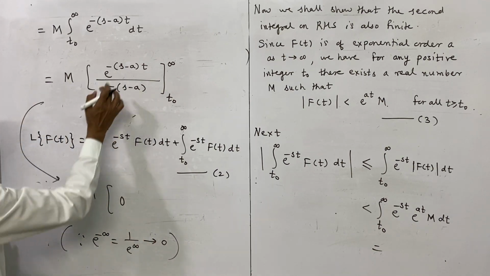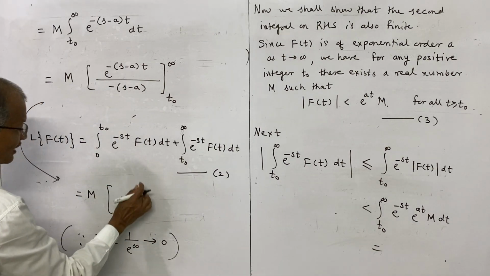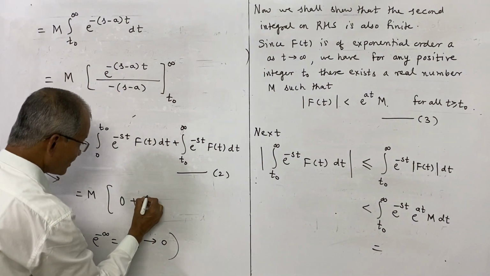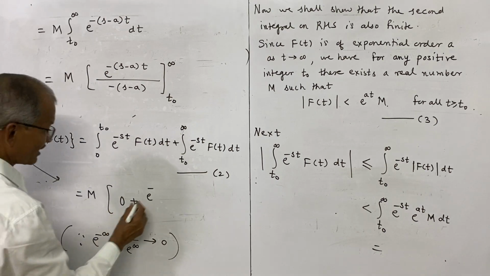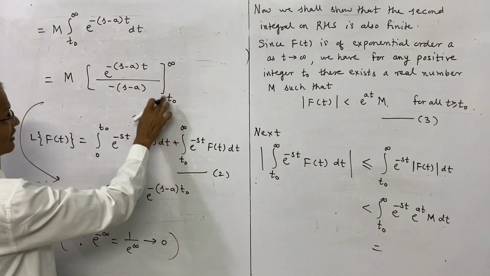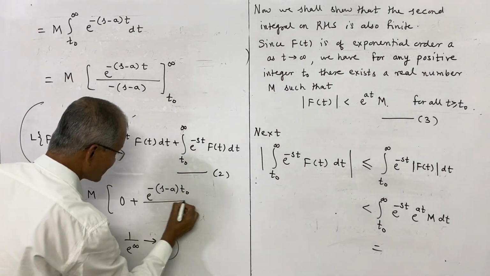At the lower limit t naught, minus of minus becomes plus, and what remains is e power minus s minus a into t naught, divided by s minus a.